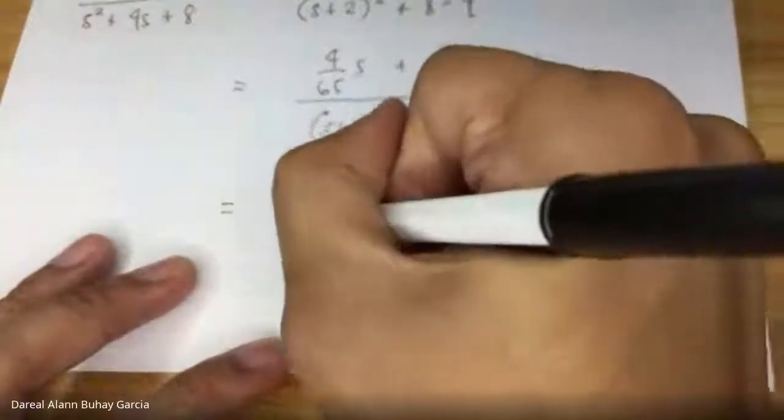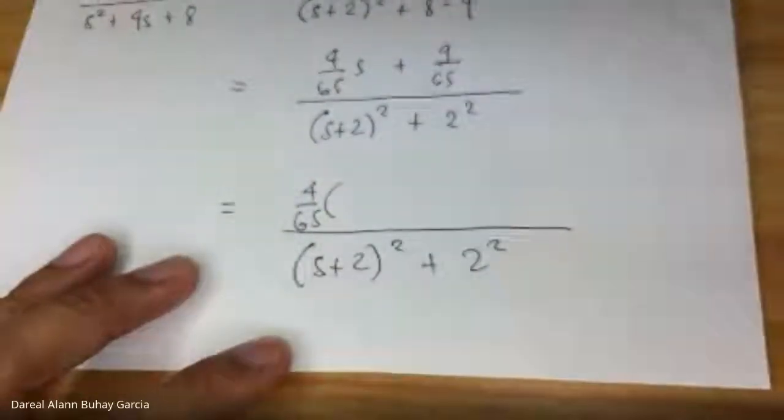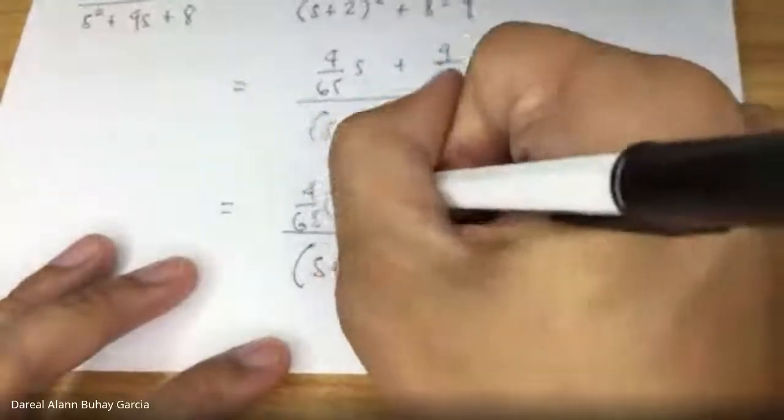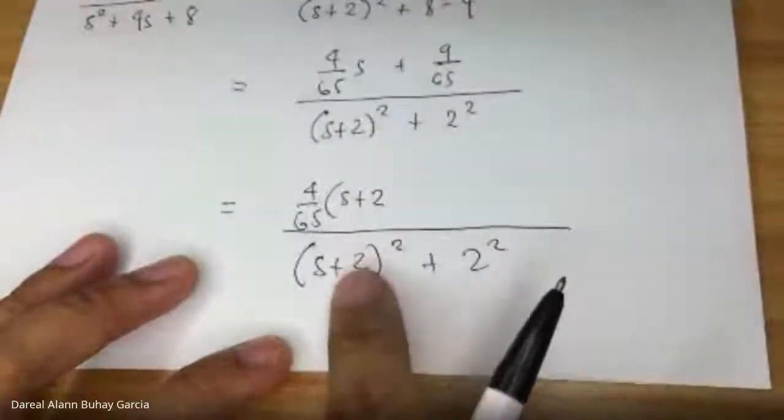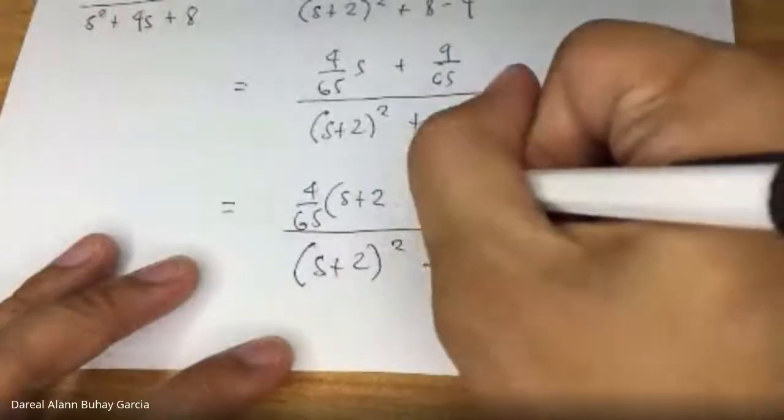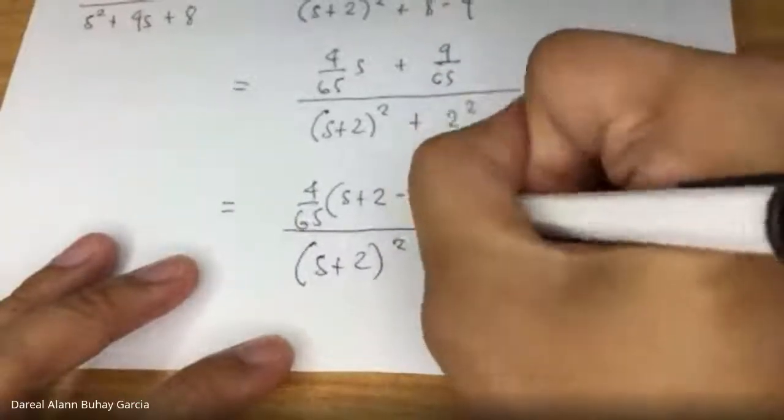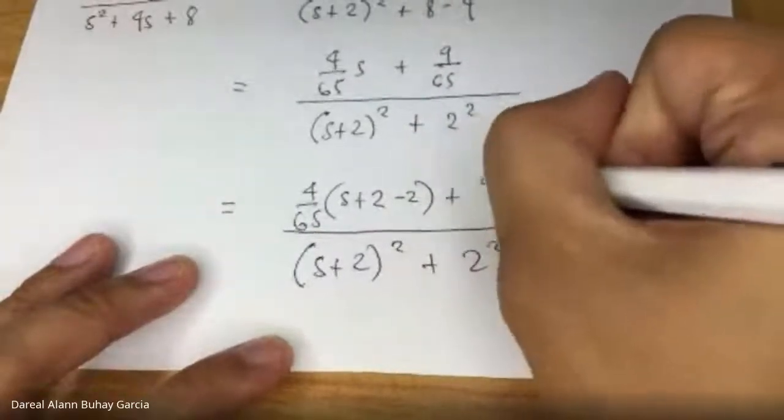So, 4 over 65. Instead of S, you make it S plus 2 so it matches. But since we added 2, we subtract 2, plus 9 over 65.